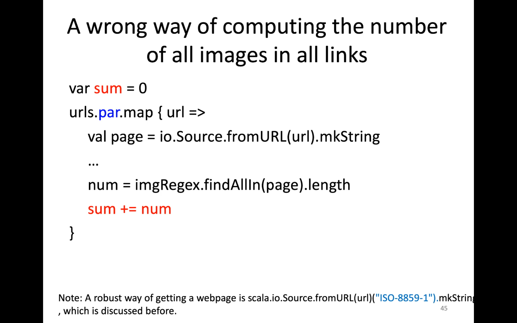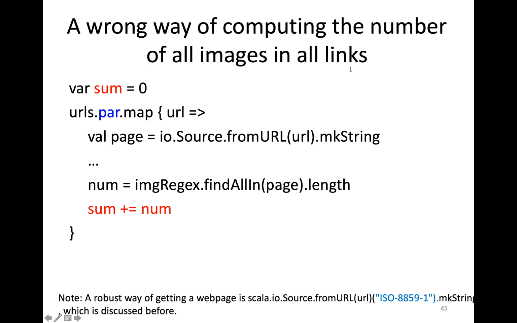Now, some developer who is not aware of the side effect issue, which we discussed before, can follow this erroneous path of doing aggregation. In this example, say we want to compute the number of all images in all links.